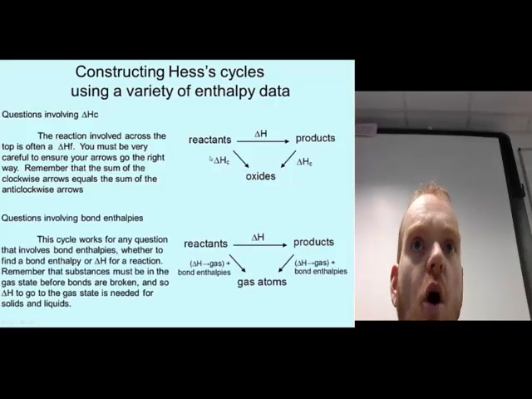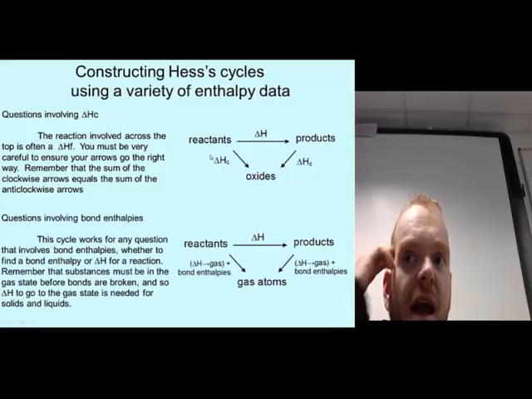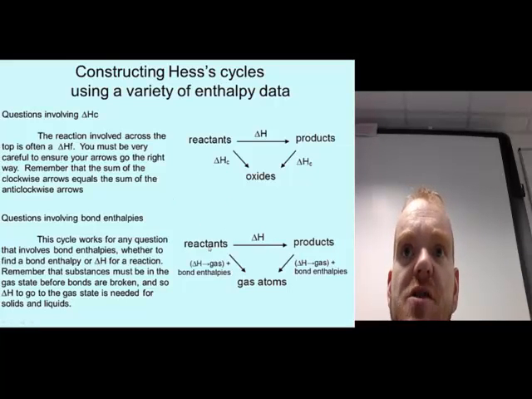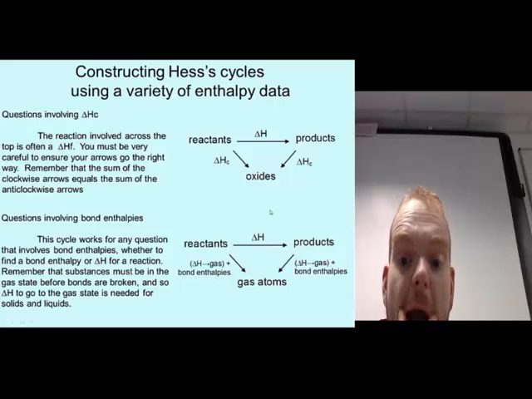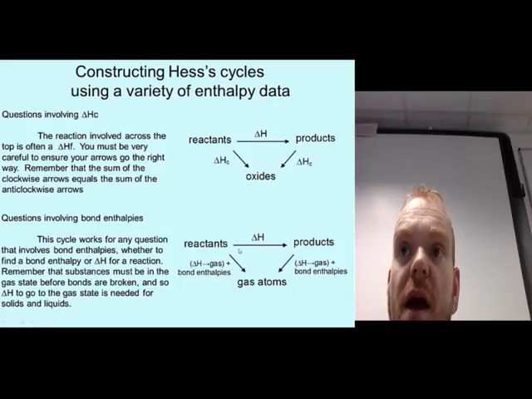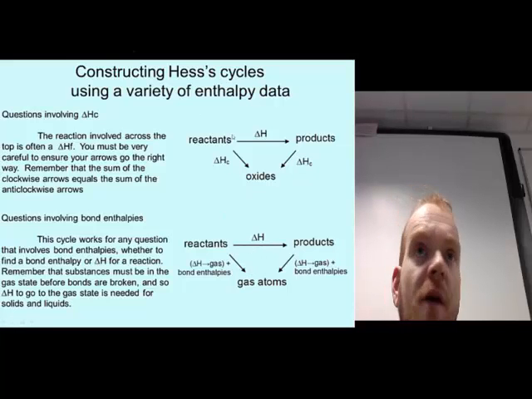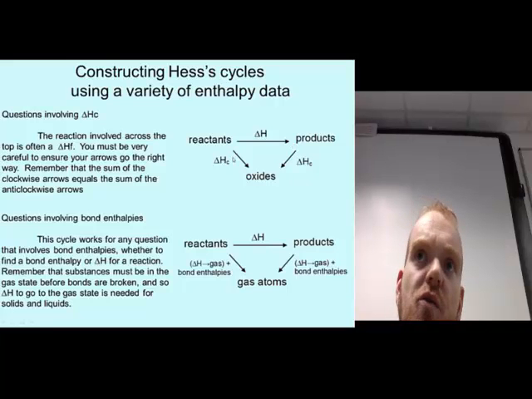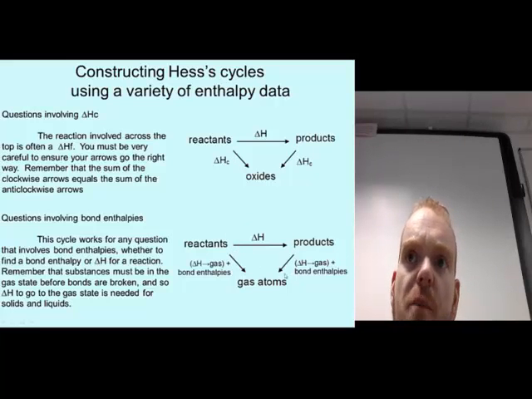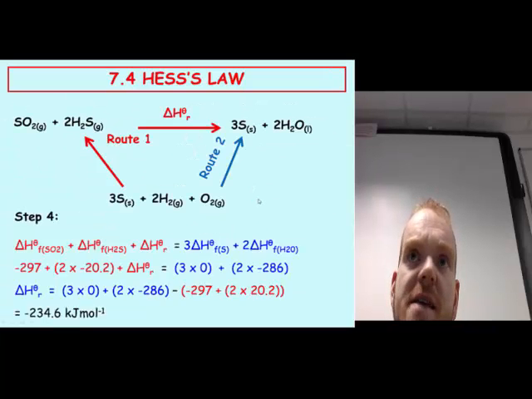I can also use bond enthalpies. Again, the bond enthalpy is the energy required to convert the reactant into gaseous atoms, and I can use this to work out my delta H reaction. For both of these, because the arrows are going down, I would have my delta H plus route 2 equal to route 1. I'm just looking for the two arrows that point in the same direction so I can make a cycle.